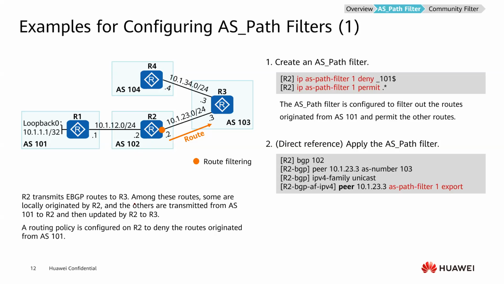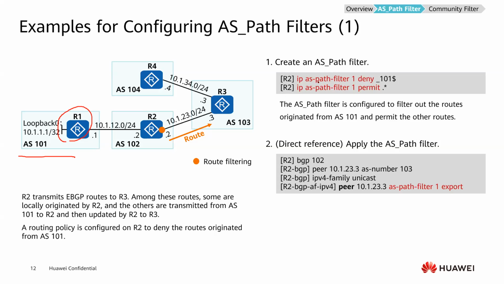So a routing policy is configured on R2 to deny the routes originating from AS101. That means it will not send the routes from AS101. So you need to create an AS-path filter to deny the routes from here.